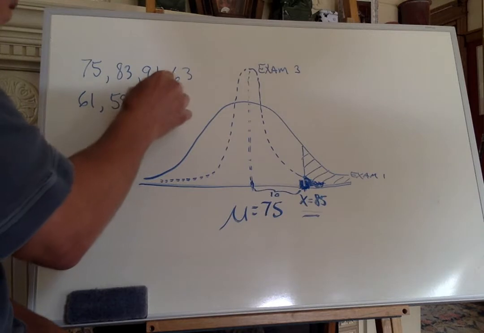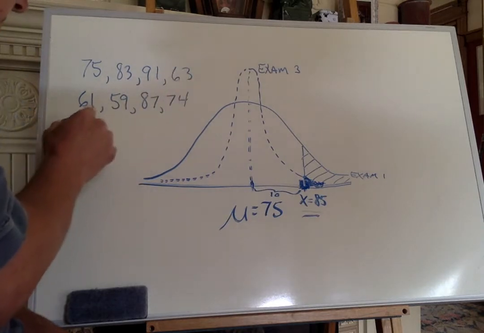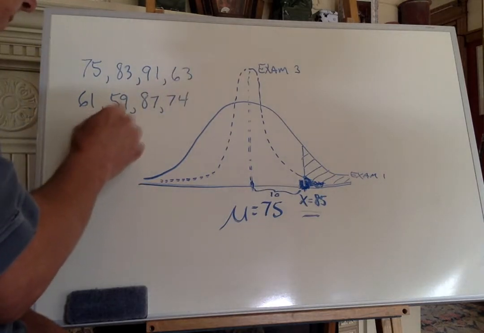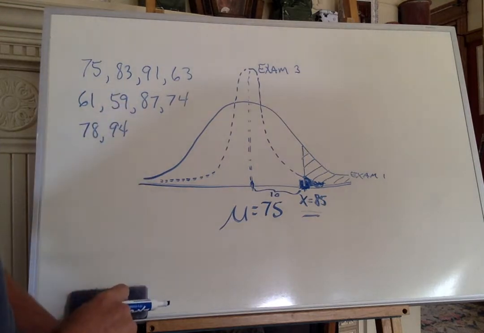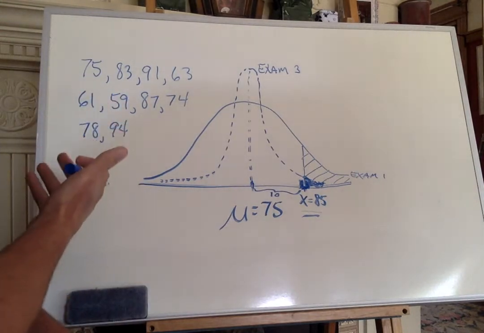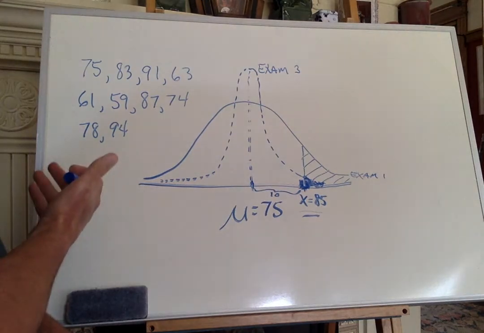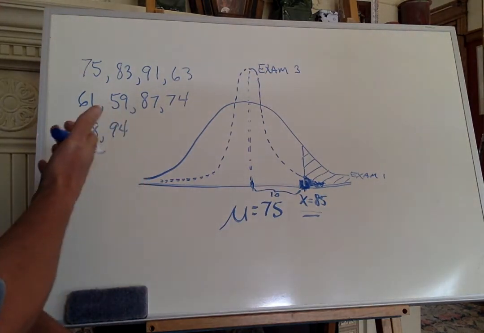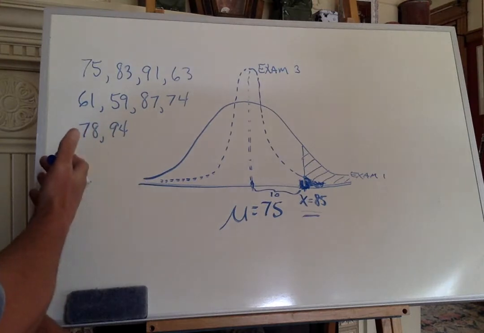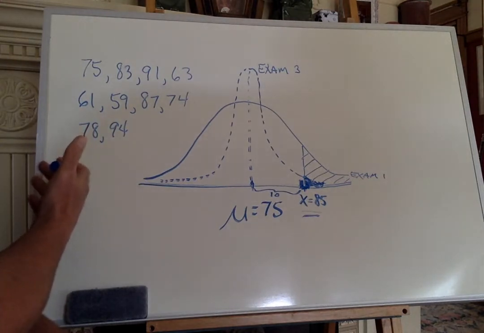I'm just making these numbers up, okay? But I can imagine something like that giving us a distribution with a mean of 75 and a standard deviation of 10. That's what exam 1 would look like.